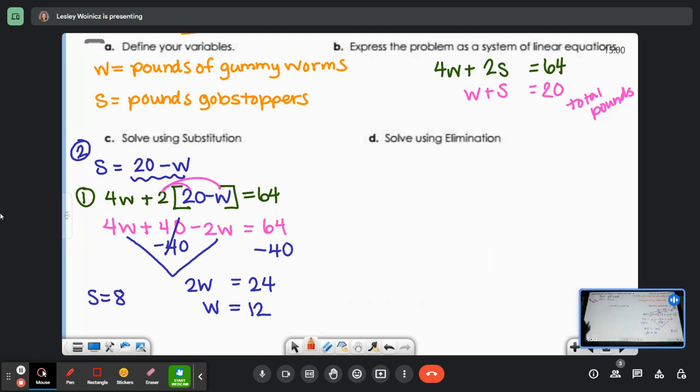For elimination, remember the strategy is that we are allowed to add our equations together. Now, that's only helpful if I can get something to cancel and eliminate. So right now, nothing is going to cancel. So the question is, do I want to cancel the W's or do I want to cancel the S's?